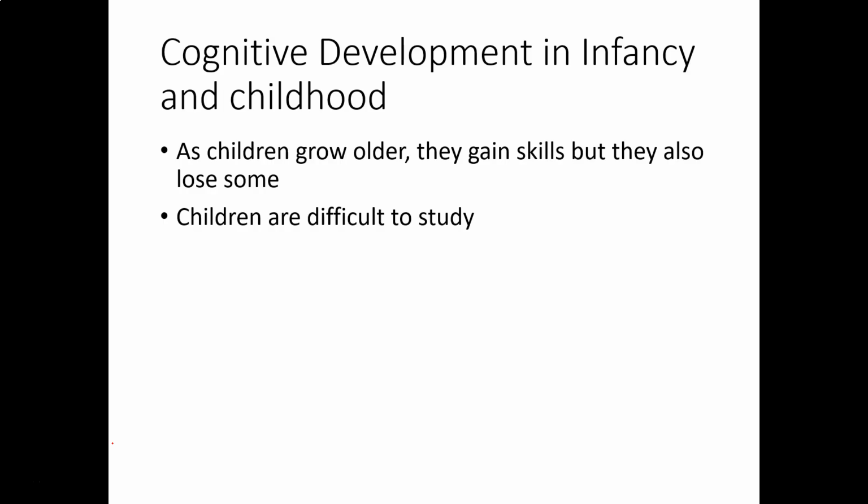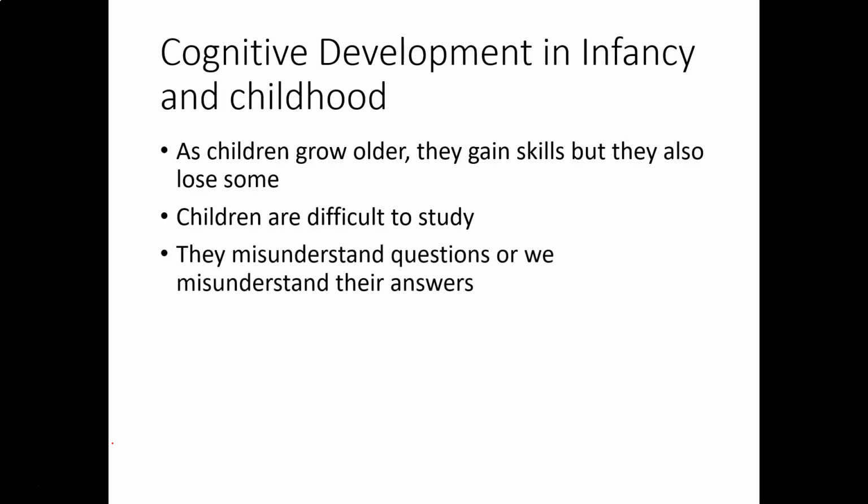Children, unfortunately, are a little bit difficult to study, unlike adults that we can administer surveys to and ask questions of. It's not that easy when studying children. So, for example, they might misunderstand questions that we're asking, or their responses might be misunderstood by us simply because we understand the world differently than children sometimes do.